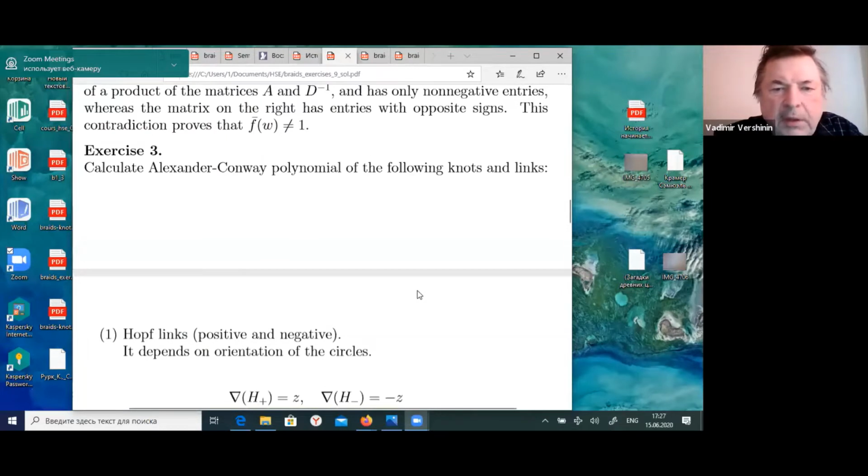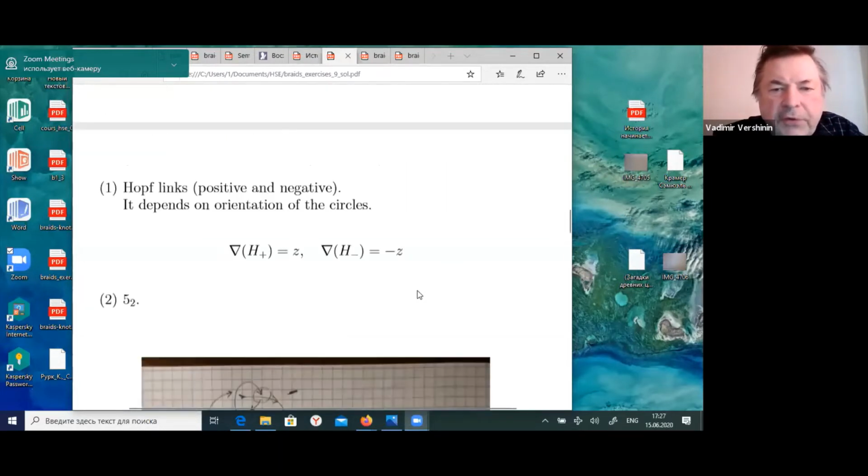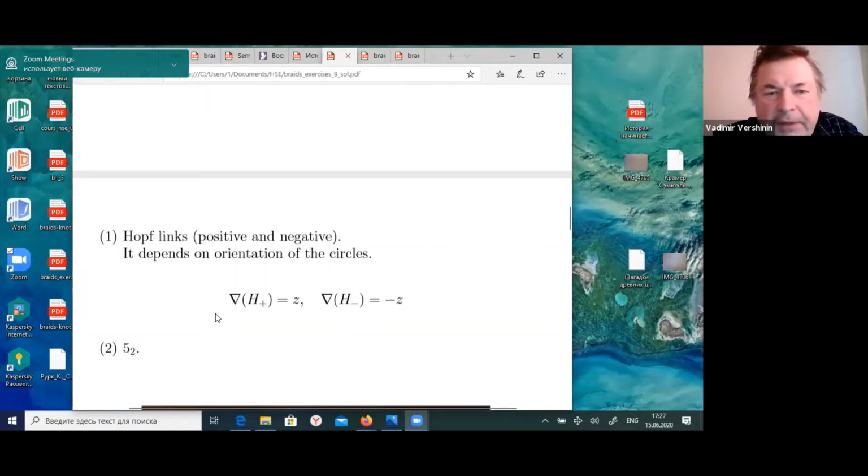It is necessary to say, it is very simple, that for the positive Hopf link you have Z as the Alexander polynomial. For negative you have minus Z. So let us remind what we mean.